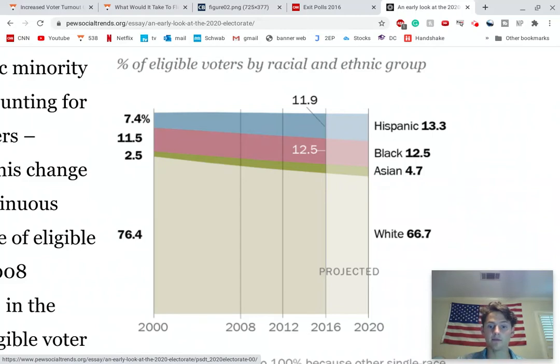And even over this span, it has changed a lot. The white population has decreased by 10%, and we see the biggest percentage gain in the Hispanic vote. The Black vote has actually remained pretty stagnant, and the Asian vote has seen a slight increase.